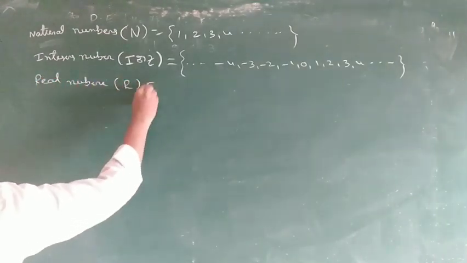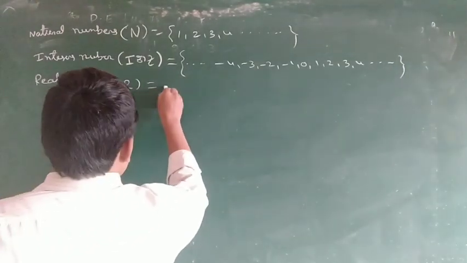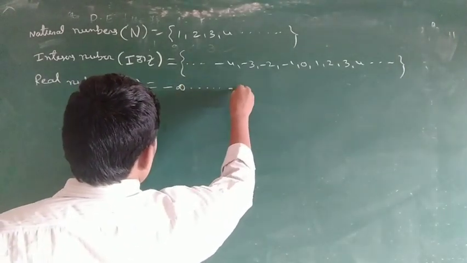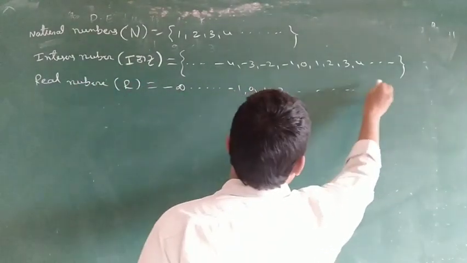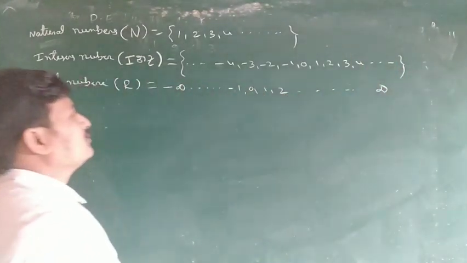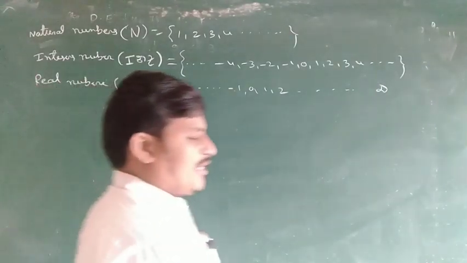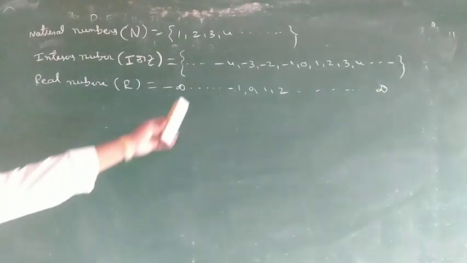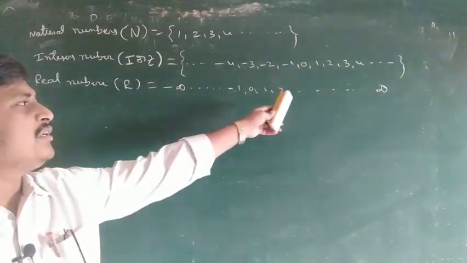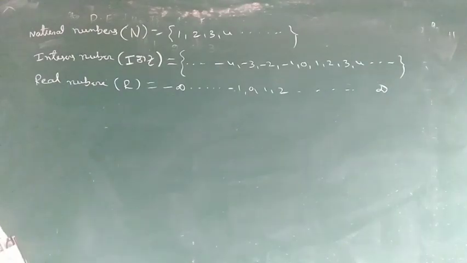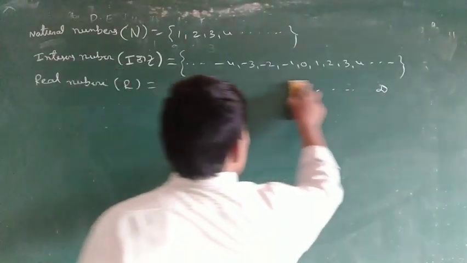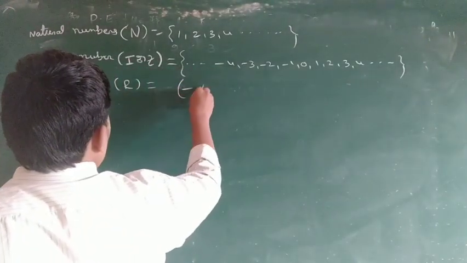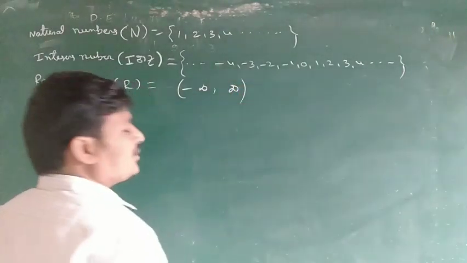Next, real numbers. Real numbers are denoted by R, and they run from minus infinity to plus infinity. What is the difference between real numbers and integers? Here also we have minus 4, minus 3, minus 2, minus 1, 0, 1, 2. Integers mean only those whole numbers. Real numbers run from minus infinity to plus infinity.